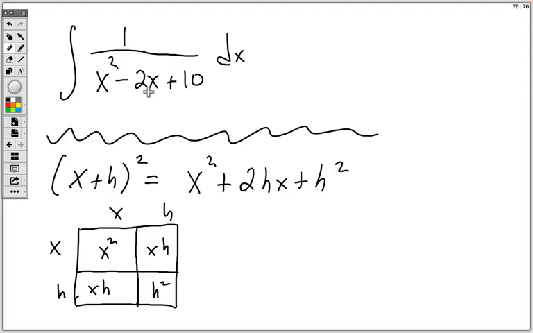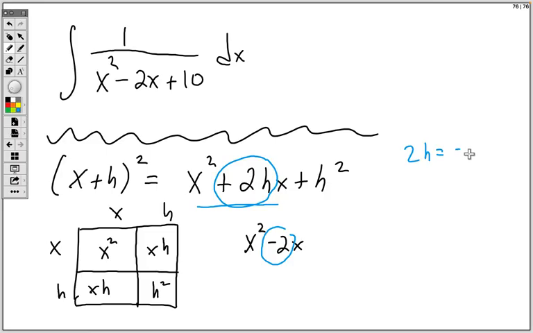All right. So when we look at x squared minus 2x, we can think of that as being the start of this perfect square trinomial. And so the question is, what do I have to add to get this to work? Right? So whatever's out front, this coefficient, that's your 2h. So 2h here would be a minus 2, so h would be a minus 1.